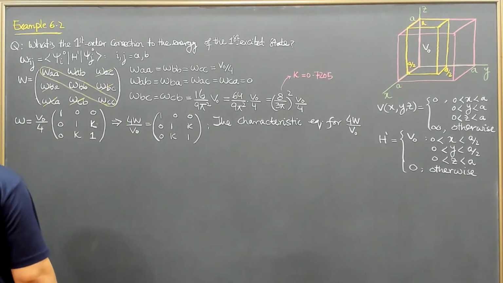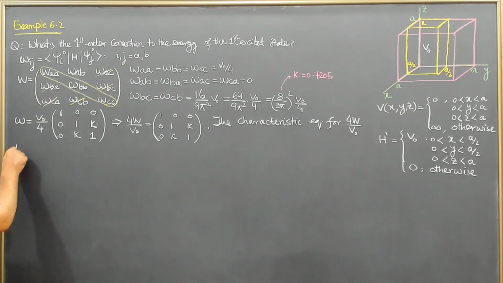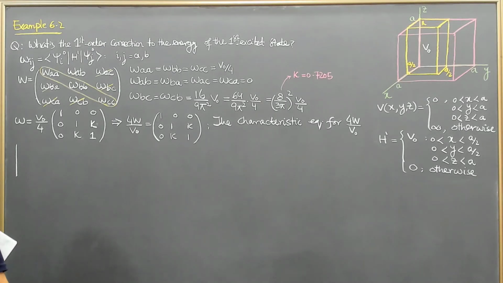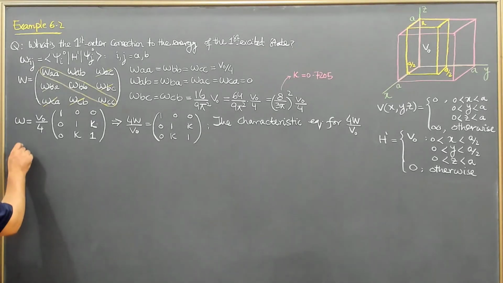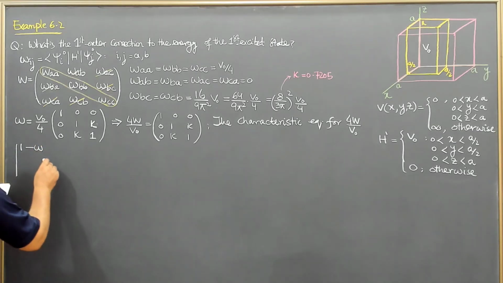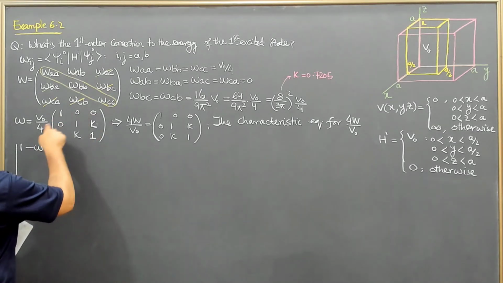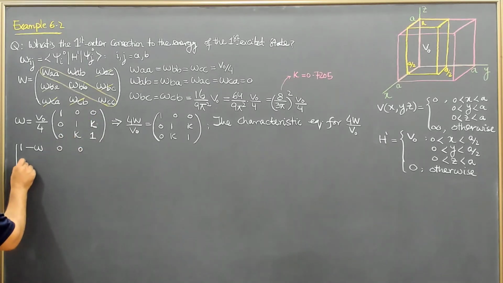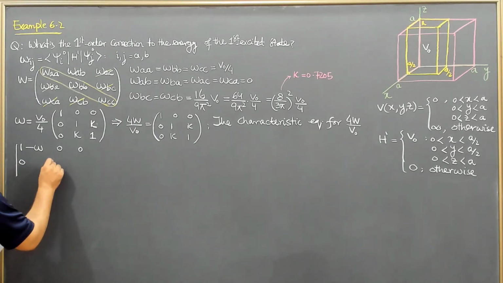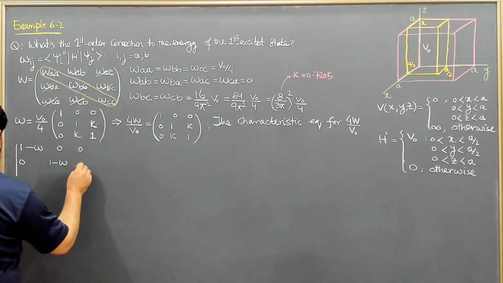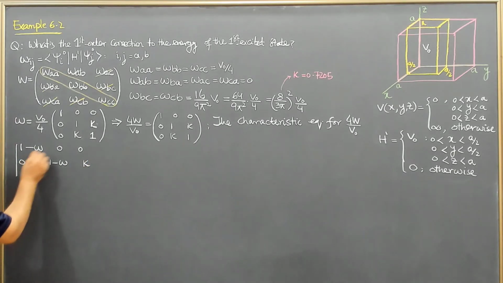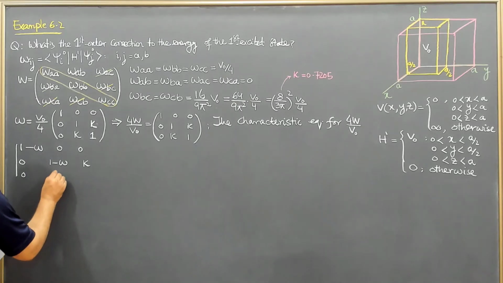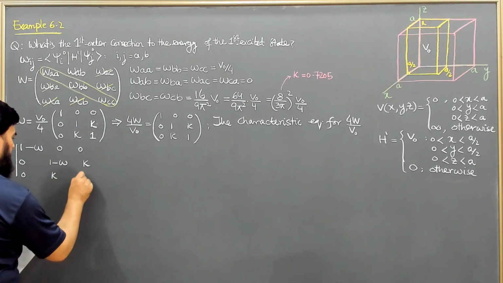The terms will be 1 minus W. So the identity matrix minus W, so 1 minus W here, and 1 from all these subtract W, so 0 here, 0 here, and 0 and 1 minus W here, and then kappa and 0 and kappa and 1 here.